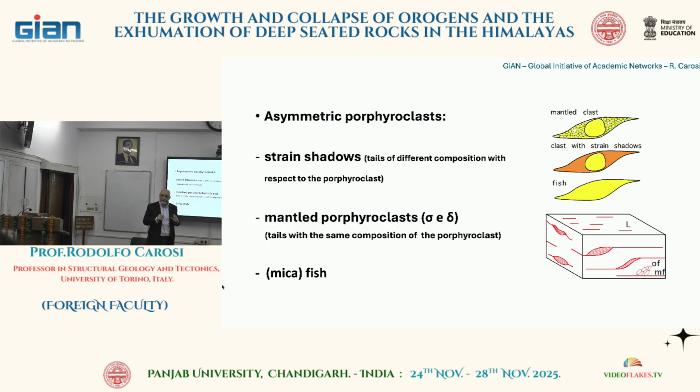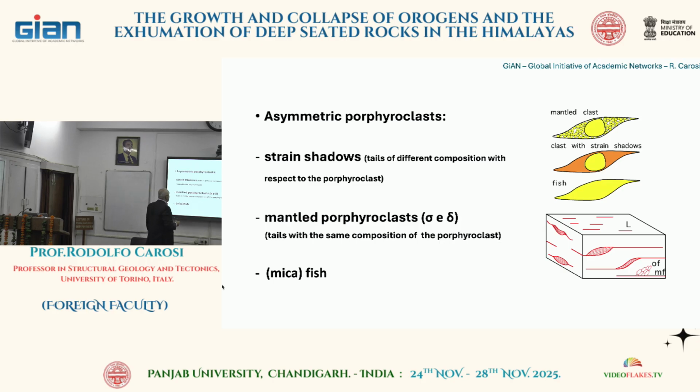The shape is the same, the geometry is the same, but with mantled porphyroclasts, the famous sigma and delta of the Greek alphabet, it means that the clast and the matrix and the mantle are made of the same composition. If this is feldspar, the tail is made of feldspar. If you have feldspar and the tails are made of quartz, you speak about a strain shadow. There's a small difference, but the kinematic indication is the same.